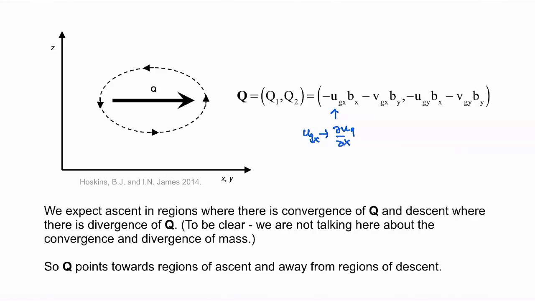Not convergence and divergence of mass, convergence and divergence of Q, this vector. So we might expect upward motion where we had convergence of Q and downward motion where we had the divergence of Q. So Q points towards regions of ascent and away from regions of descent.